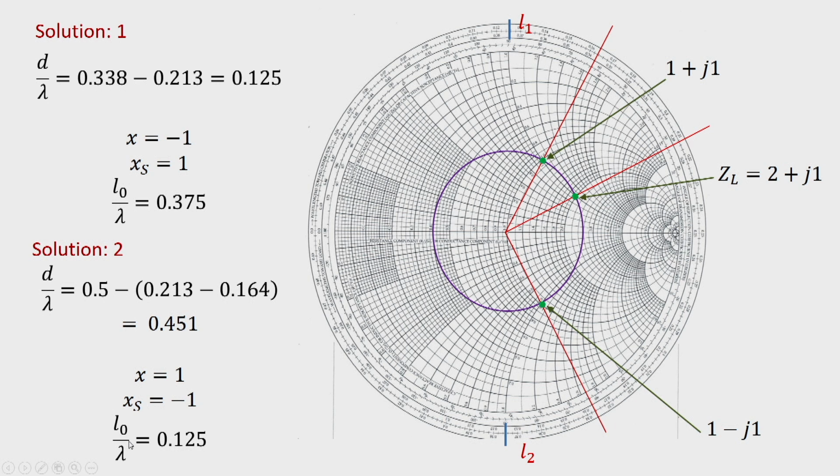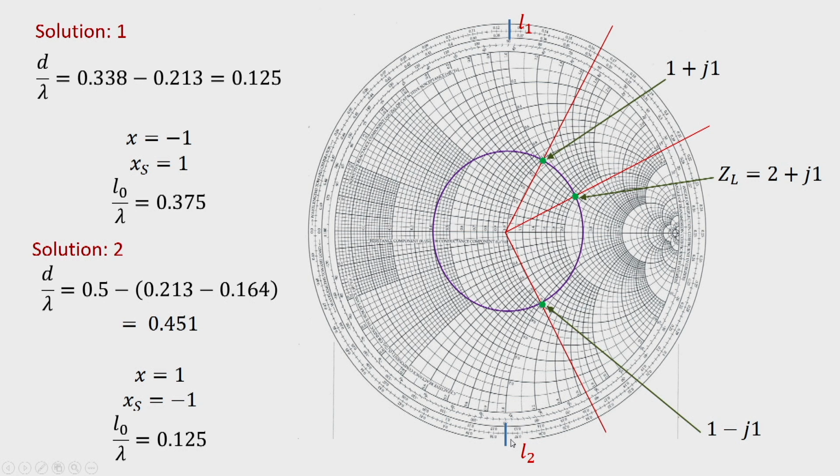That means, the length of the stub in terms of lambda is given by 0.125, where we get minus 1 excess as we travel down the Smith chart from the open circuit point.